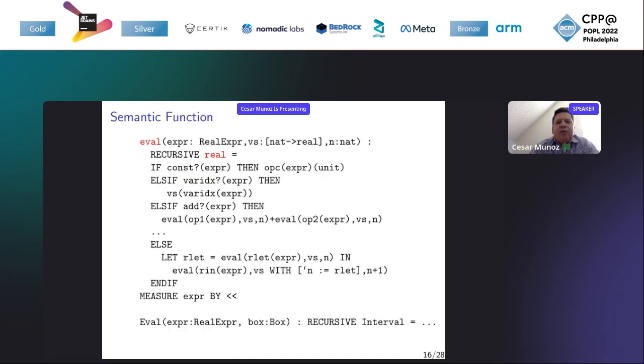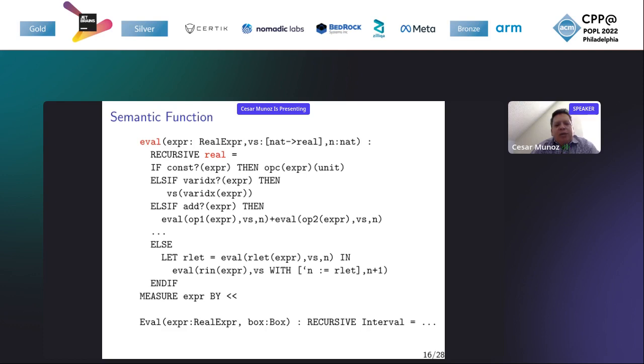Then in order to have an embedding, we need to evaluate and to have a semantic relation, and we need to define two functions. One is the evaluation for real numbers. So what is the meaning of evaluating this expression with a particular number for every variable, and it should return a real number.